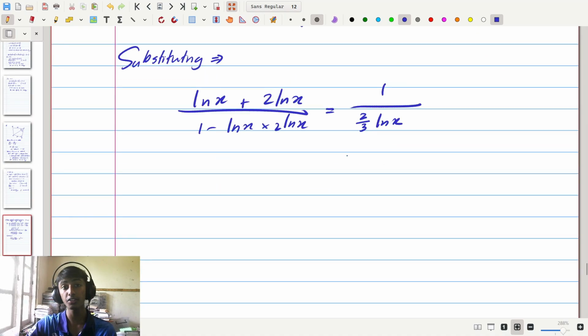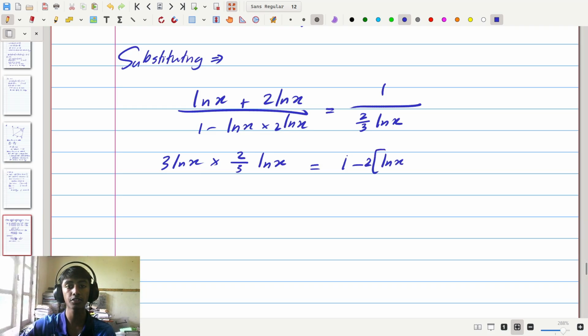Now, simplifying this, we have 3 ln x here, and if we take it to the other side, we get 3 ln x times 2 over 3 ln x. And for this part, if we take it to the other side, we get 1 minus ln x times 2 ln x, which is going to be equal to 2 ln x squared.